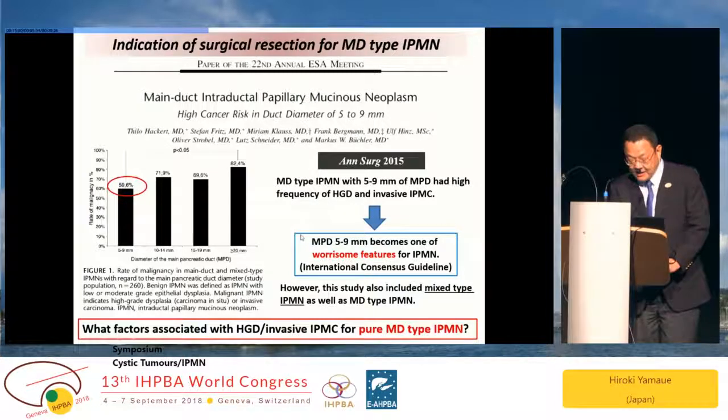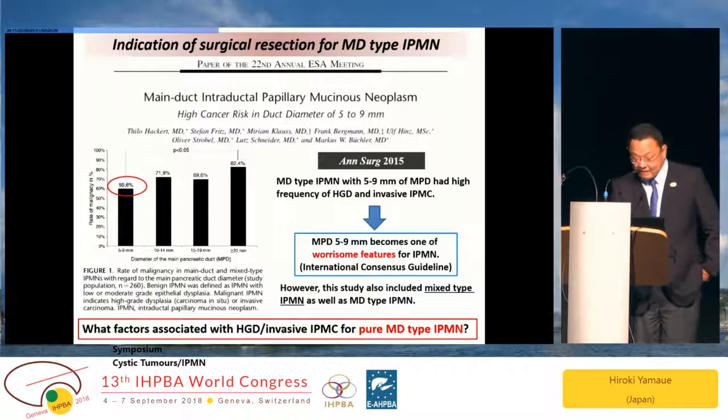Then main pancreatic duct dilatation of 5 to 9 millimeters became one of the worrisome features in the IAP guidelines. However, this study also includes mixed type IPMN as well as pure main duct IPMN.